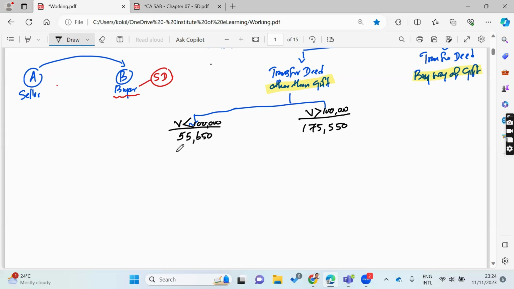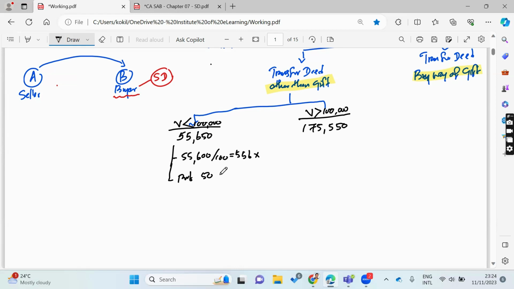We need to divide to see how many hundreds there are, and also the part. How many hundreds? 55,600 is one, and there's also a part of 50. If you divide by 100, you will get 556.